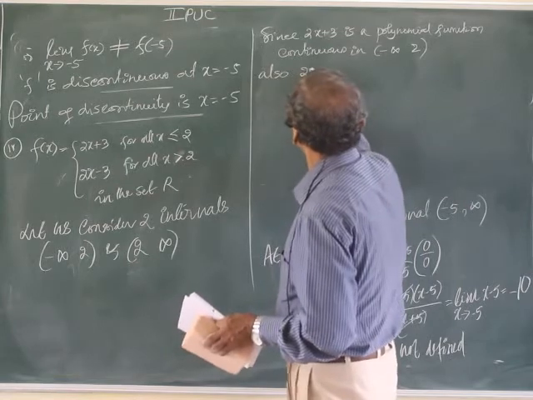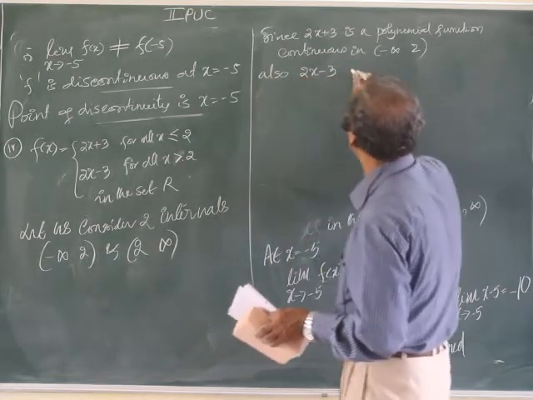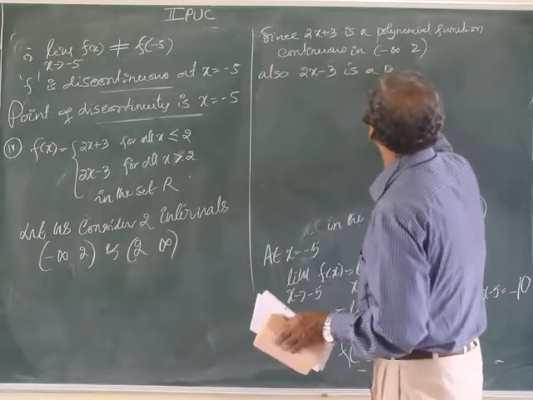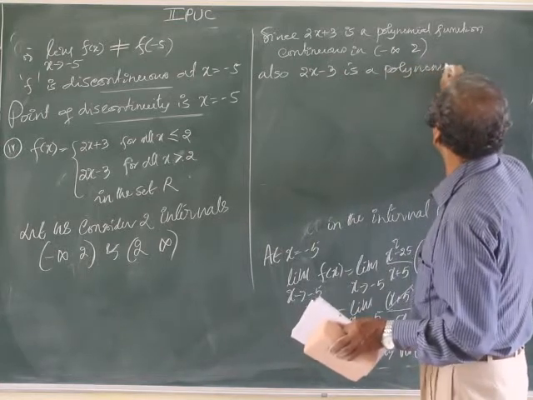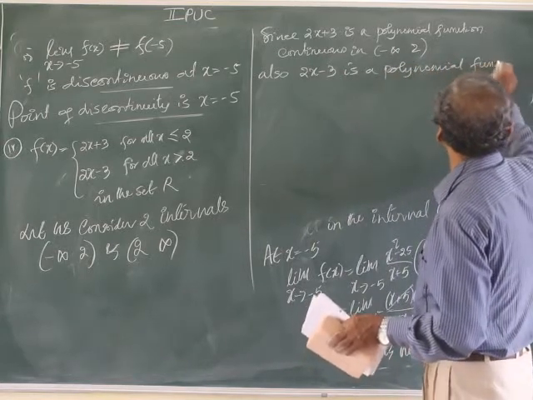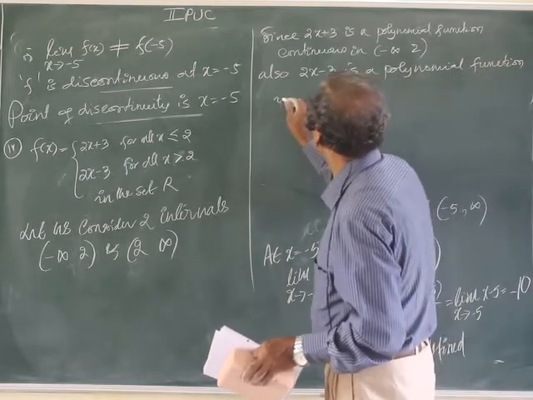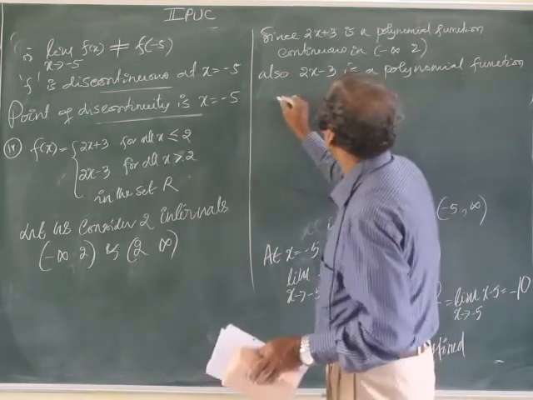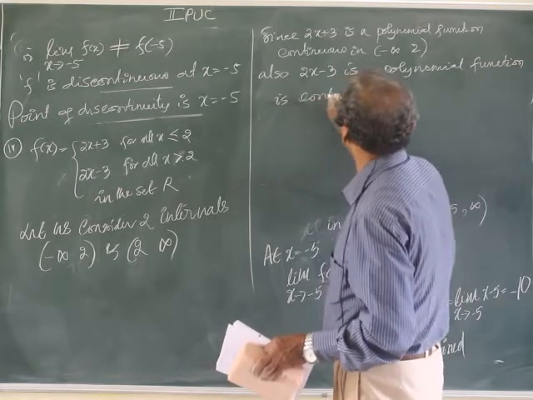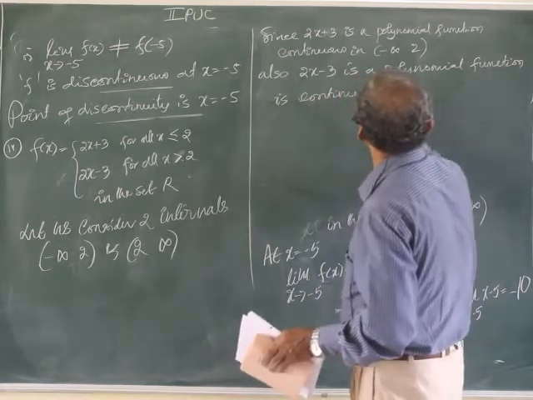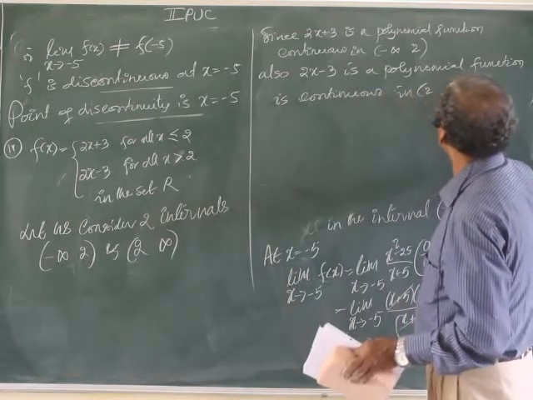Also, 2x minus 3 is a polynomial function, is continuous in 2 to infinity.